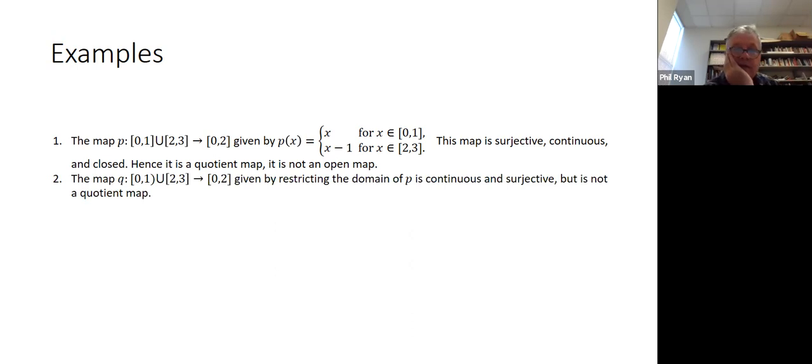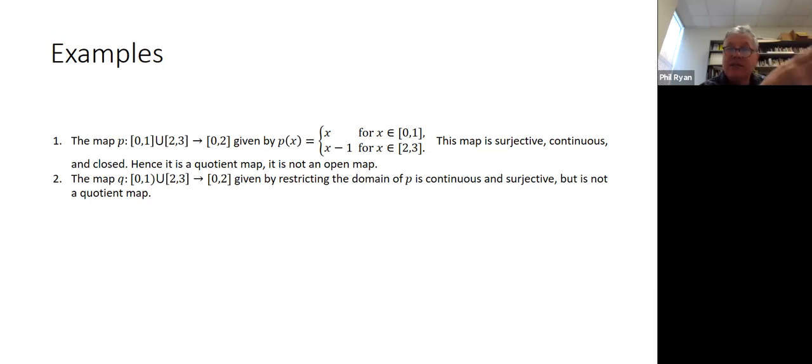So another way we can construct the interval [0,2] is to restrict the domain, right? Let's replace the closed interval [0,1] by the half open interval [0,1). So we're concatenating the half open interval with a closed interval.